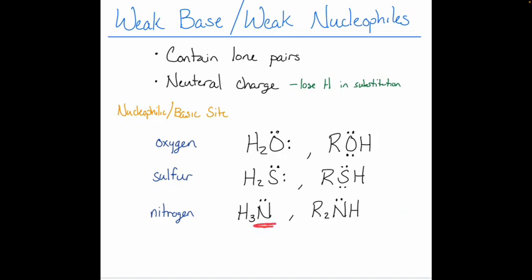But what do we know about nitrogen in comparison to oxygen? Like water in comparison to ammonia, which one is a better base? Going back to our Fario rules here, oxygen being more electronegative would be more stable, so a weaker base than our nitrogen would be, right?